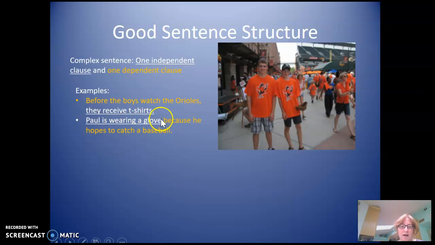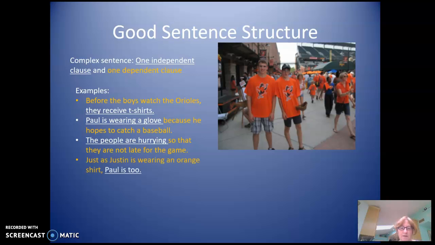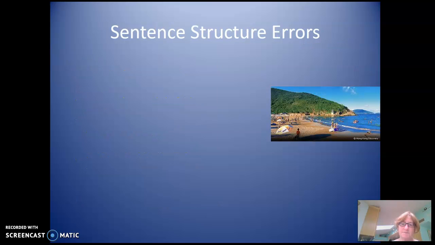Paul is wearing a glove because he hopes to catch a baseball. The underlined is the independent clause, and because he hopes to catch a baseball is dependent. The people are hurrying so that they are not late for the game. And all of these clauses contain subjects and verbs.